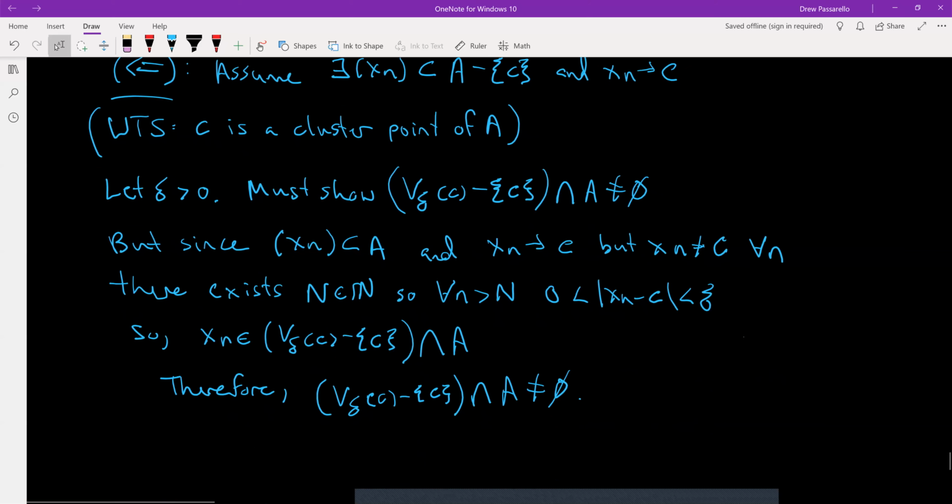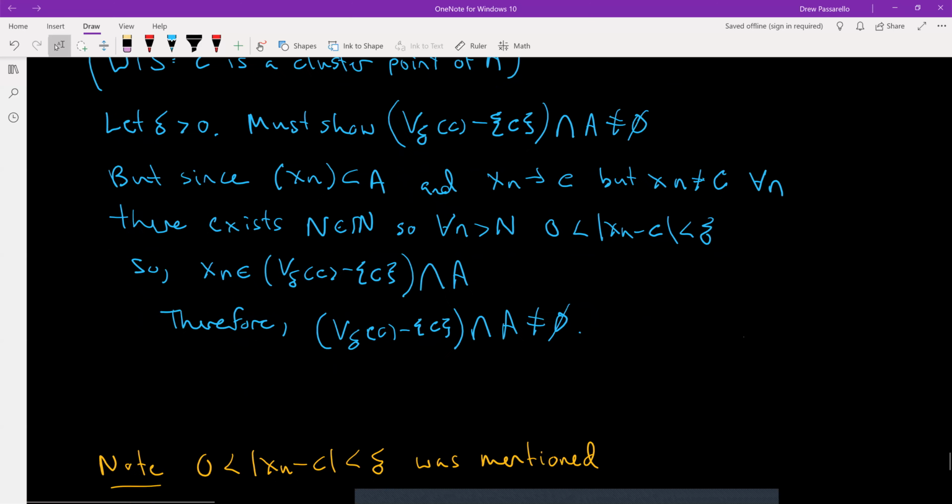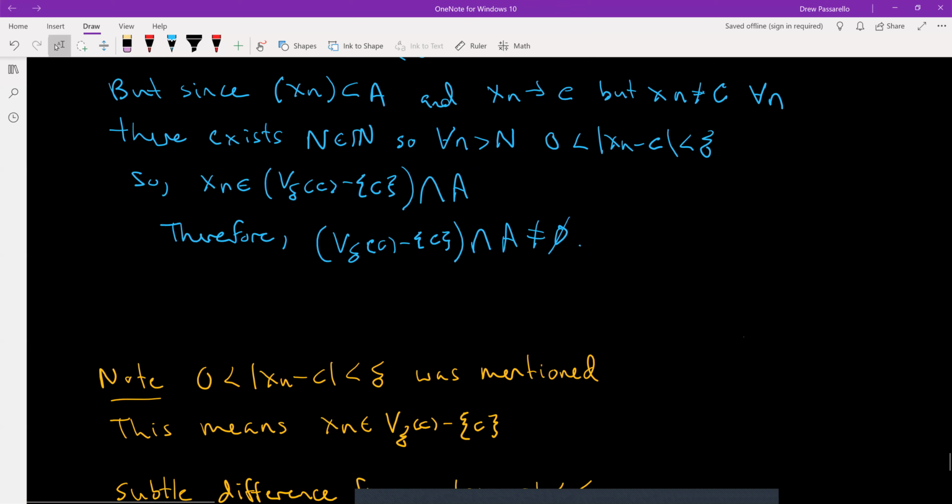And so xn is going to be part of any arbitrary delta neighborhood that's punctured around C intersecting A. So therefore the punctured delta neighborhood around C intersecting A is non-empty. Okay, so that's the proof in the other direction.